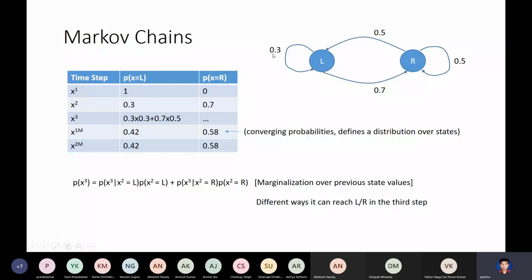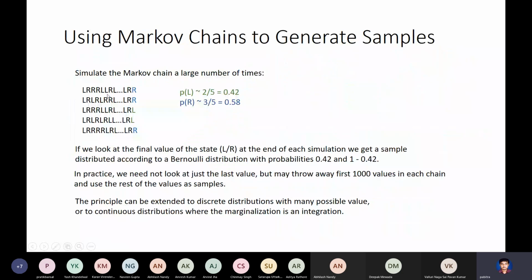If you have more values, or continuous values, you can still think of these states as samples drawn from a distribution over the different states. In the discrete case, you can easily do it: you just count how many are L, how many are R, and divide by the total number of samples, and you'll get a probability.